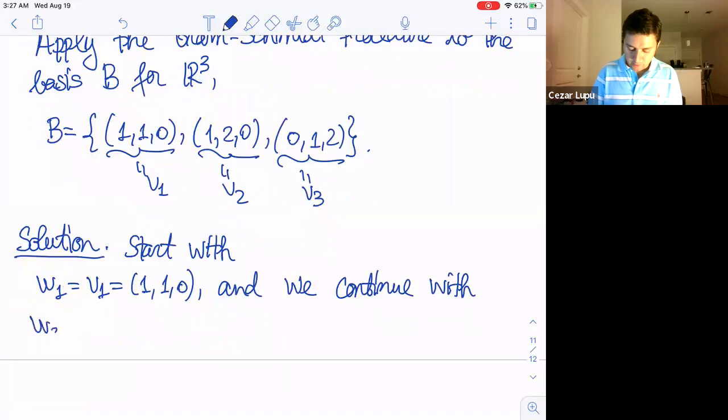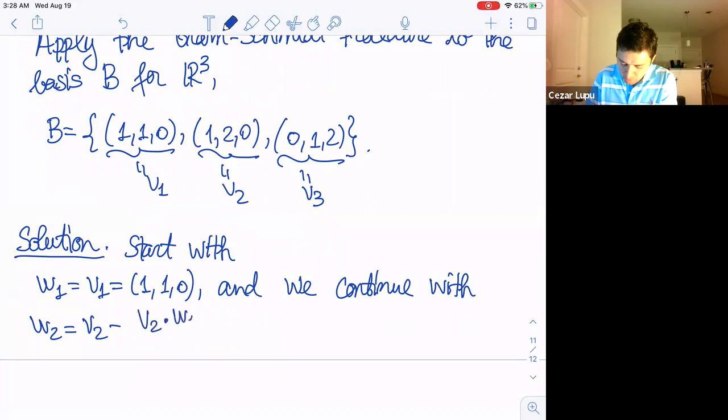the following, with W2, which will be V2 minus, okay, I just have to put the dot product since we're in R3. V2 minus V2 dot W1 over W1 dot W1 times W1. Okay, and now we will compute this.